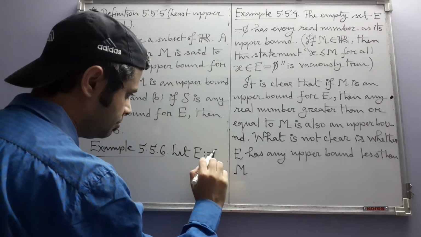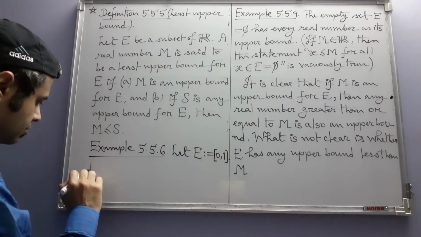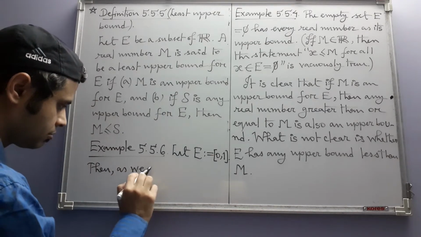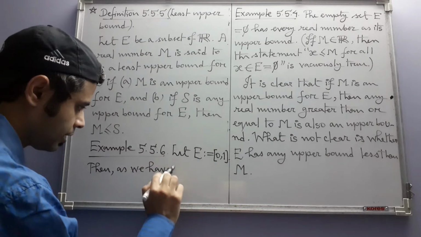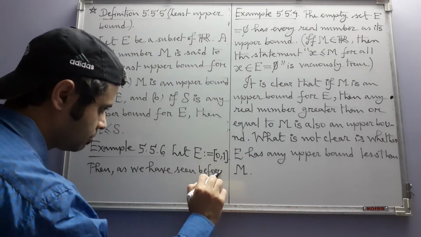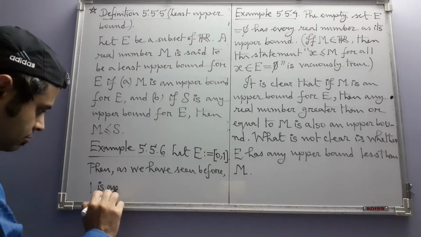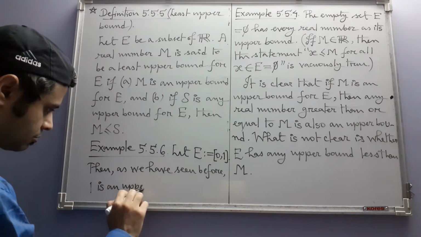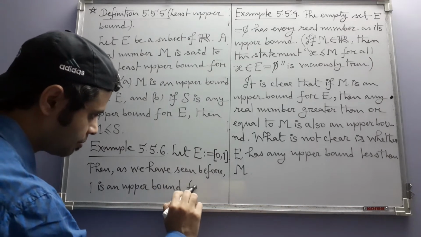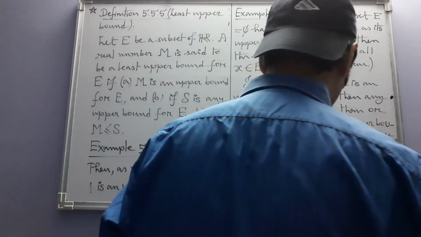Let again E be the closed interval 0, 1. Then as we have seen before, one is an upper bound for E, which we already know.